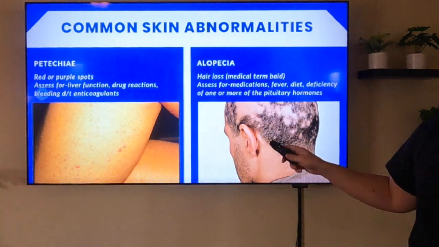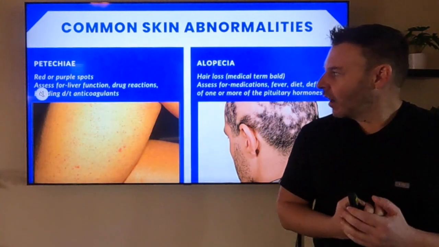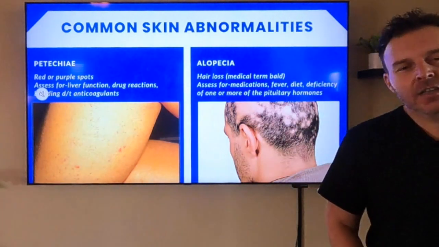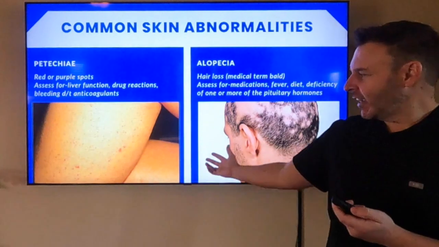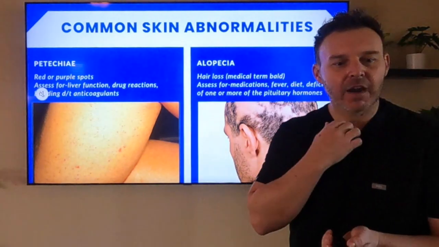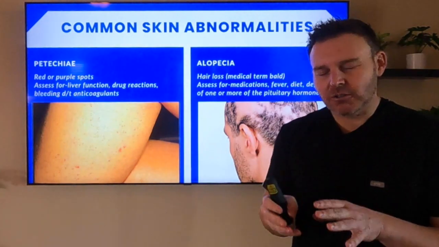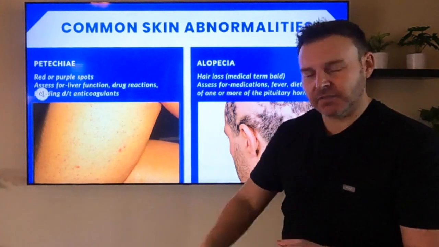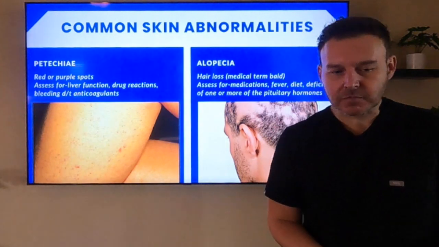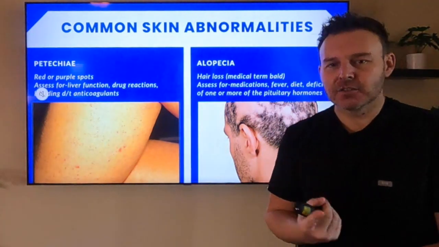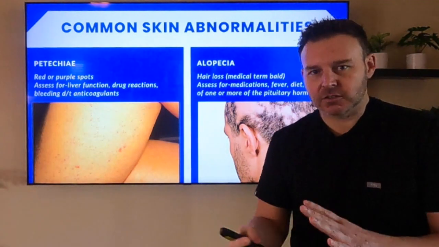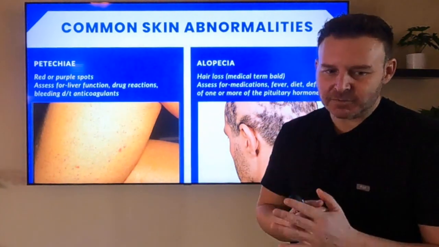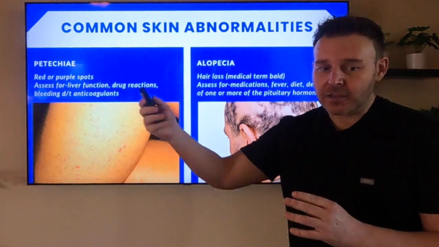A couple other ones, petechiae, okay? These are red or purple spots, all right? So basically what's occurring with this in the photo down there is blood vessels or little capillaries have burst. So these are signs of a little bit of bleeding going on. So we want to look at their liver functioning to see clotting factors, what's going on with that. Are there any drug reactions that are causing this potentially, or another rash?